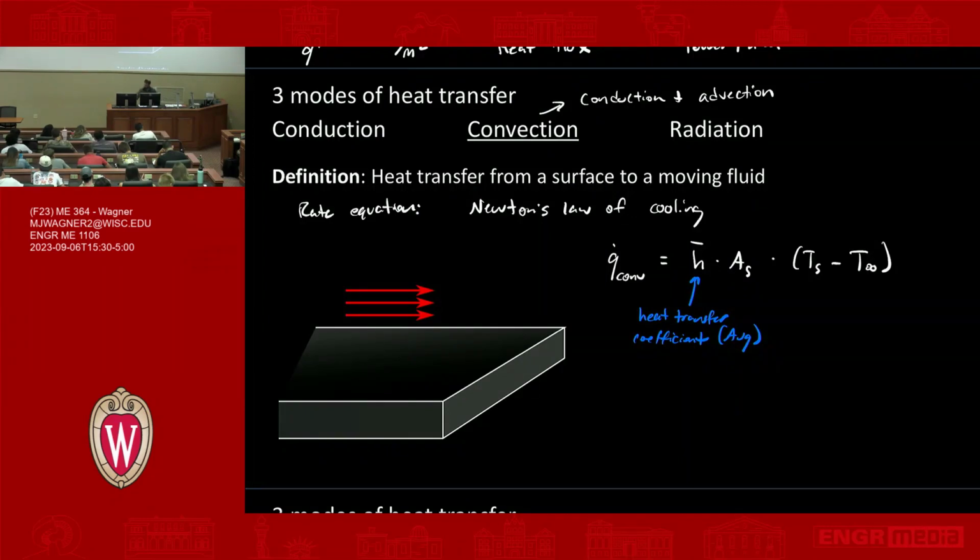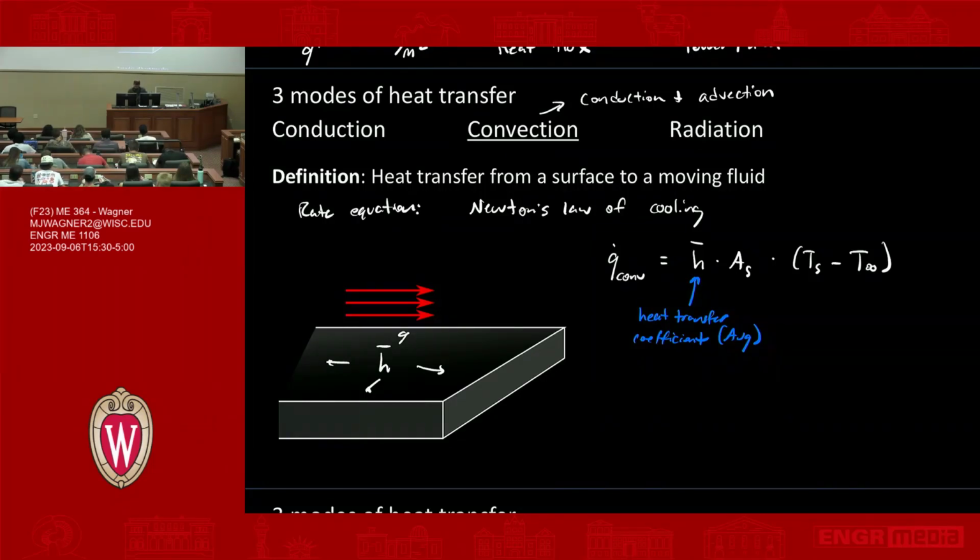Let's say there's some heat transfer coefficient at a particular location on that surface. It depends on the geometry, on the flow, how long the flow has been developing. We'll get to that later in the class. But there's a heat transfer coefficient at some coordinate x, y on that surface. h bar is just the average over the entire surface, right? So our average heat transfer coefficient covers this entire surface.